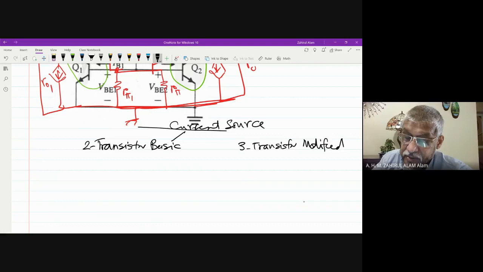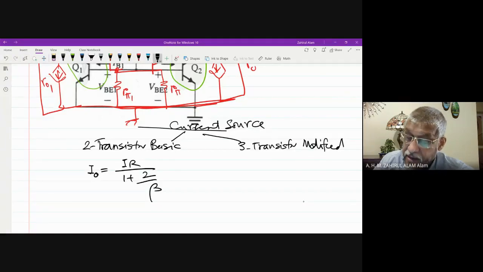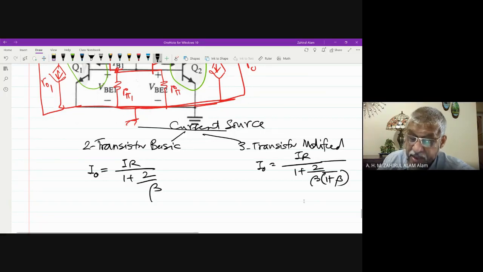So this is two, and we know the relation I naught equal to I reference times 1 plus 2 over beta, and I naught equal to I reference times 1 plus 2 over beta times 1 plus beta. So it is much better compared to this one.